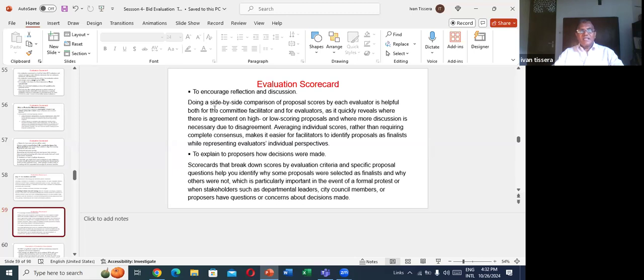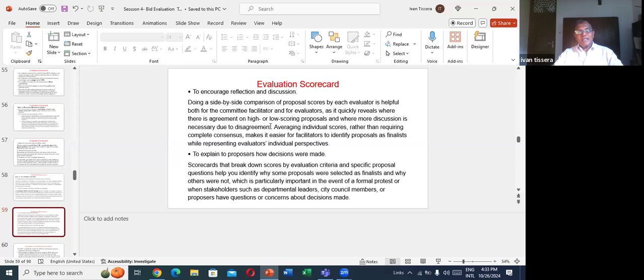To encourage reflection and discussion, doing a side-by-side comparison of proposal scores by each evaluator helps both the committee facilitator and the evaluators, as it quickly reveals where there is agreement on high or low scoring proposals and where more discussion is needed.